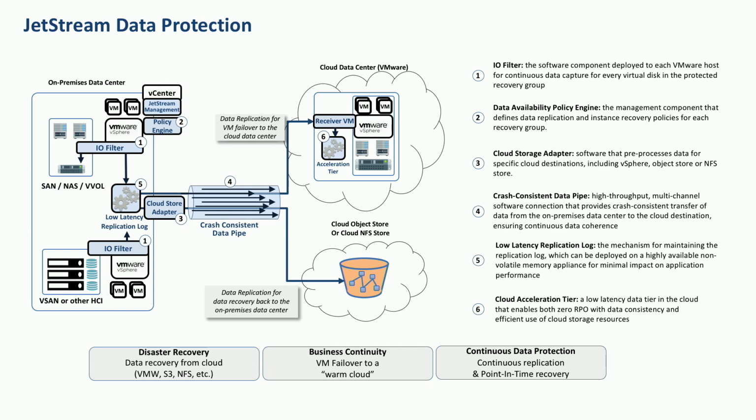The sequence number tells the receiver VM, which is actually a Linux appliance, the fidelity of writes, in what order IOs were completed, because we cannot change the order of this. When we receive data here, we pretty much immediately dump it into this acceleration tier. Why do we do this? Rich mentioned this, but it's very important.